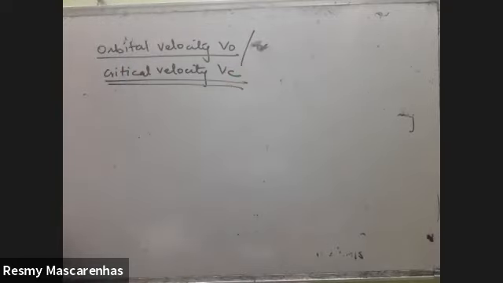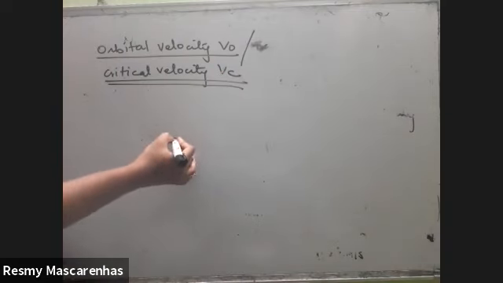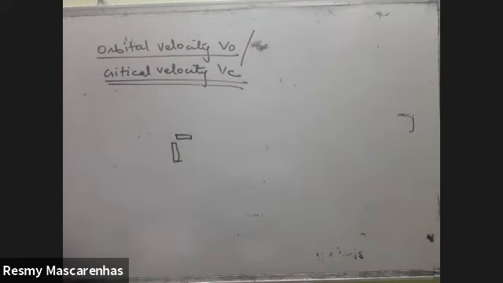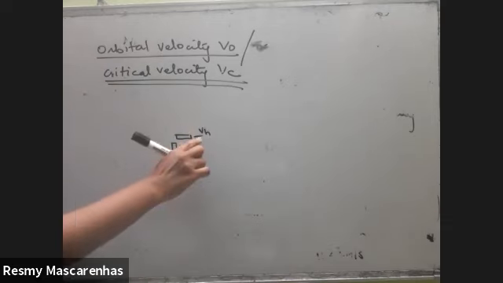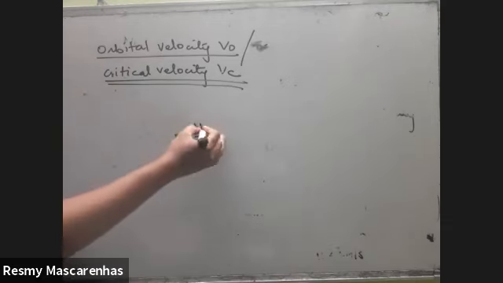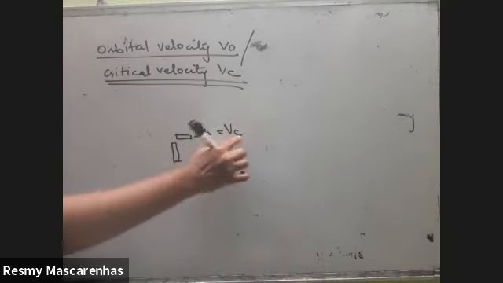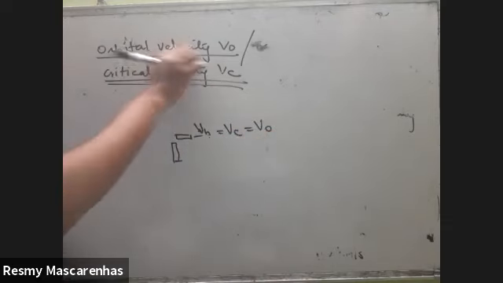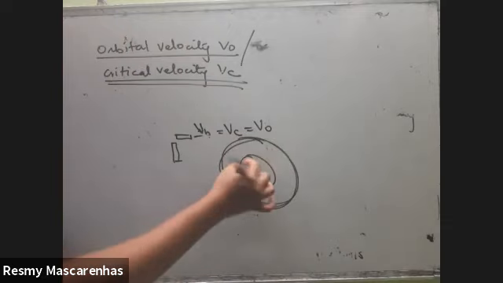You know the horizontal velocity of the rocket. First, the rocket is launched vertically in the first stage, then it goes into the second stage, and the moment it leaves, it has a horizontal velocity. That velocity always has to be equal to some critical velocity, which I told you is the same as your orbital velocity, so that it remains inside the orbit of the Earth.